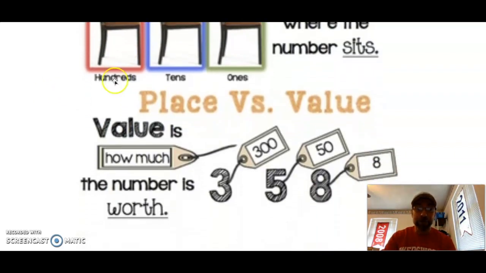Whereas value is how much the number is worth. So the 3 in 358 is worth 300. The 5 is worth 50, and then the 8 is worth 8.